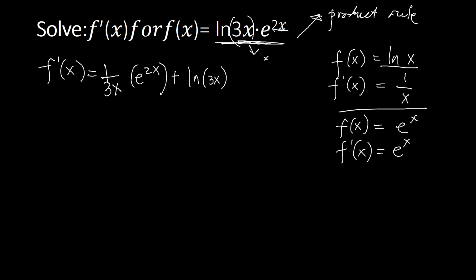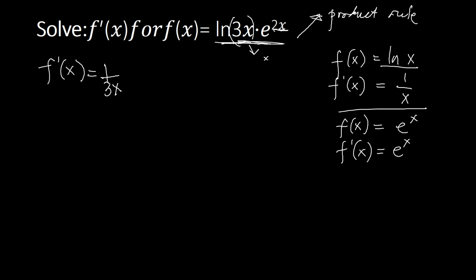And then we get the derivative of the second factor, which is still e to the power of 2x. And we're not yet done, by the way. I think I missed something in there because, take note, this is chain rule. So we have to add up. Let me just redo this so that you will not be confused.